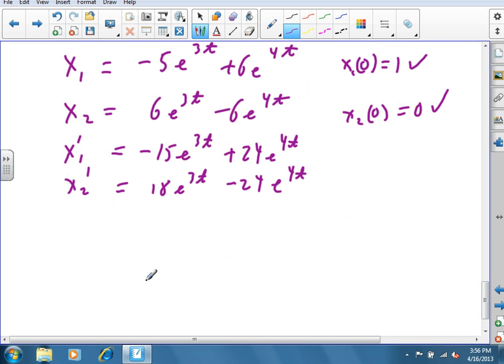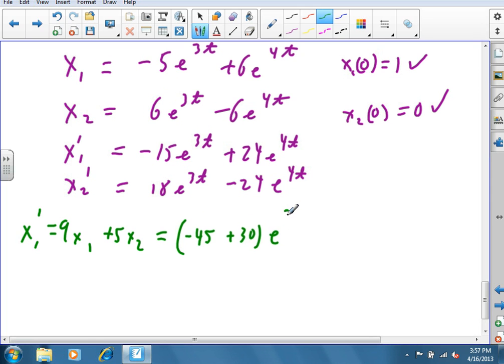Now, x1 prime is supposed to be 9x1 plus 5x2. Okay, that'd be 9 times minus 5 plus 5 times 6, 9 minus 45 plus 30, e to the 3t.